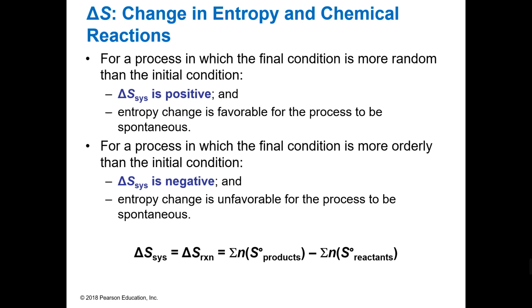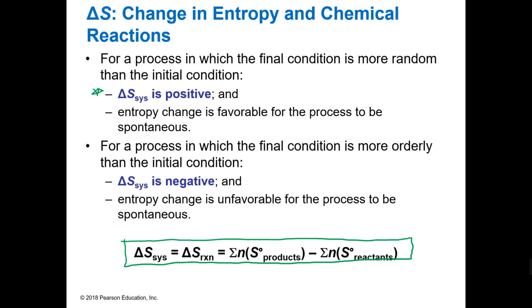So when we talk about this absolute entropy, we need to talk about it again in terms of delta S of the system being positive and negative, and how we can relate delta S of the system, reaction, and of course the universe.